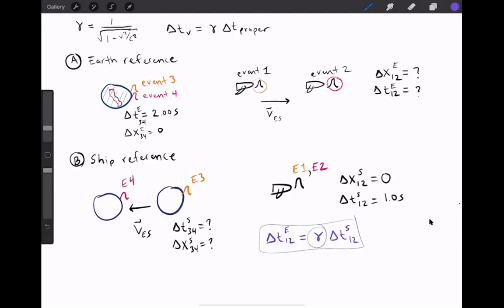All right, so how do we know which one is the proper one? That's a good question. Here, we have that the two events are happening in the same position, right? So for that observer, the two events occur at the same position.